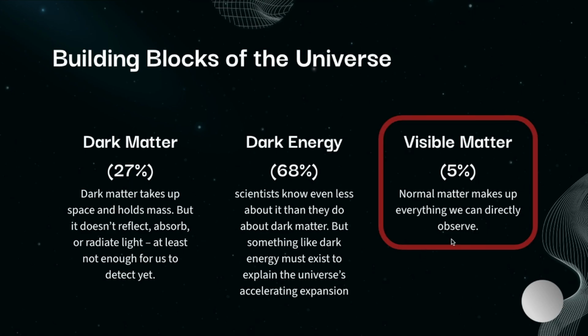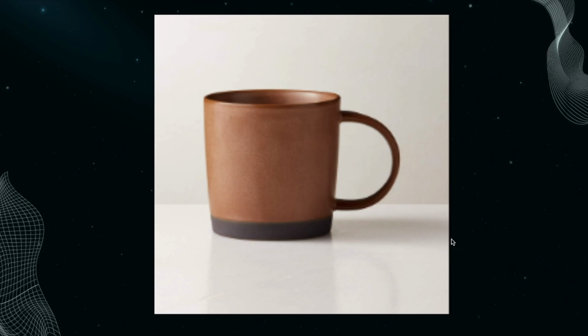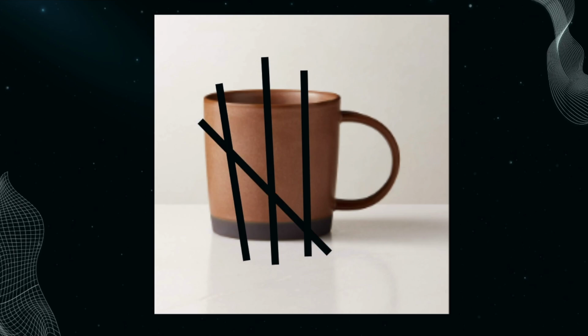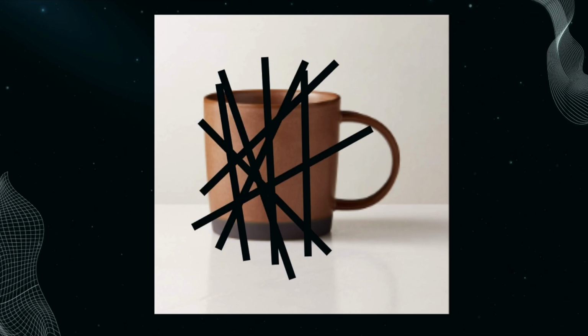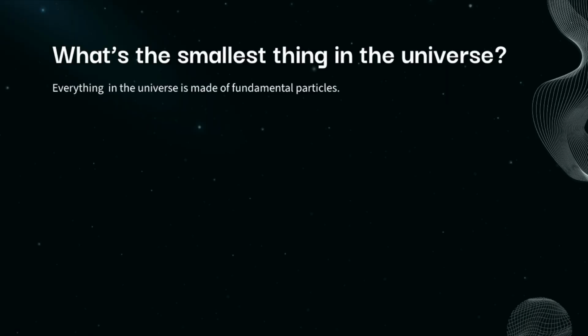So imagine you have a mug and then you cut it in half, and then you cut it again and again and again, and you just keep cutting it until you basically cannot see it. Do you think you can keep going until molecules, atoms, and so on?